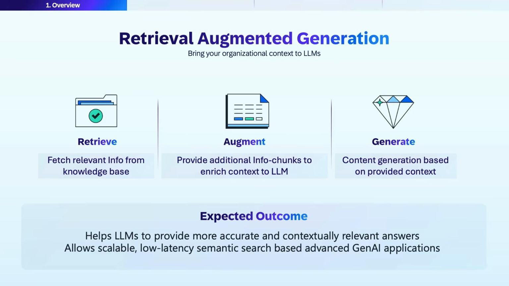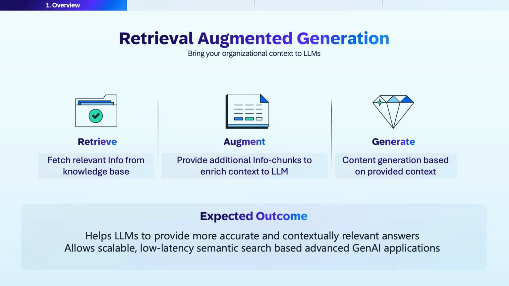Second step is augment. This step is to provide the document or information chunks to the LLM model. All the modern LLM models provide an option to provide additional context, which helps LLMs to understand the context better, as well as ground the response based upon this augmented context. The third step is to generate.